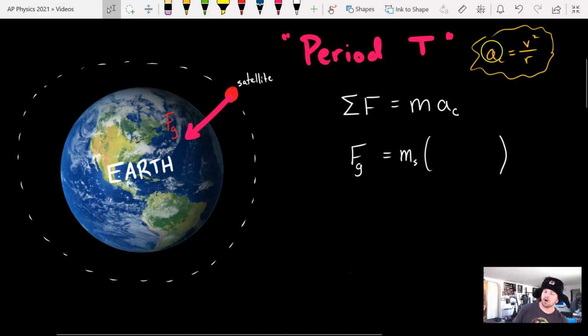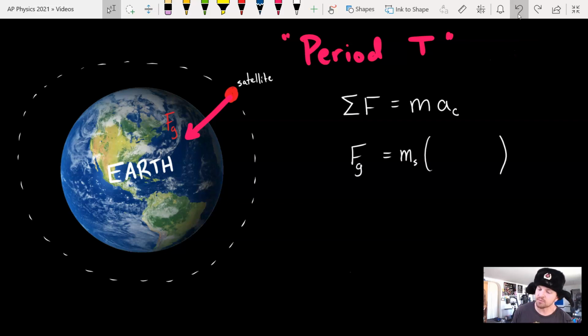If you don't know where this is coming from, I'll link a video in the description down below where we figure out how to make this equation. But the equation for centripetal acceleration that has period in it is 4 pi squared times the radius, or the distance between those two things, divided by period squared.